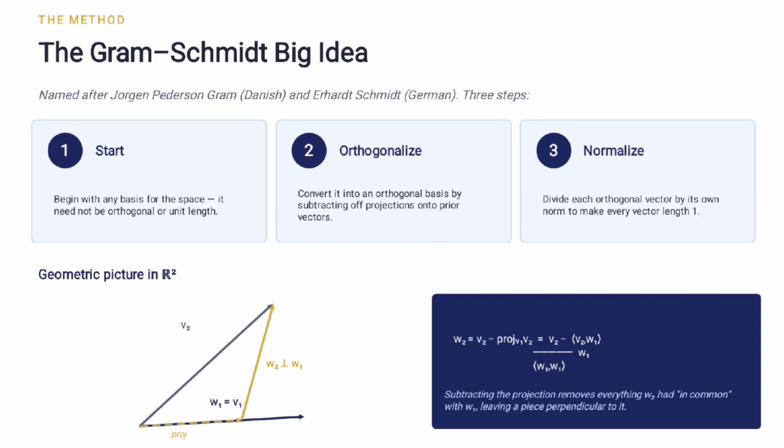And third is normalize each vector by dividing it by its length. The picture on this slide shows the geometric idea. We subtract the projection of one vector onto another so that the remaining part becomes perpendicular. After normalizing, we obtain an orthonormal basis.